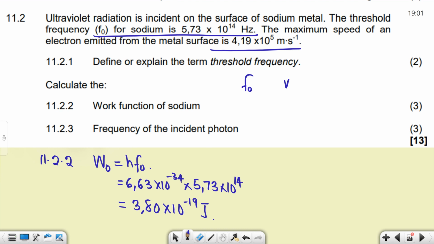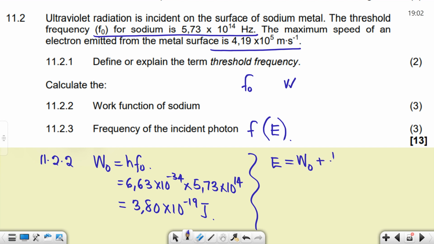11.2.3. Calculate the frequency of the incident photon. So I am looking for F. My F is hidden in E. Once you are able to say that, you are done. All right. So we know that E equals to what? Work function, which we now have.